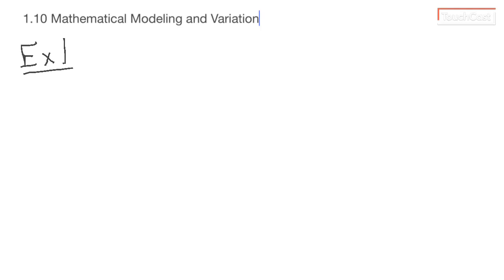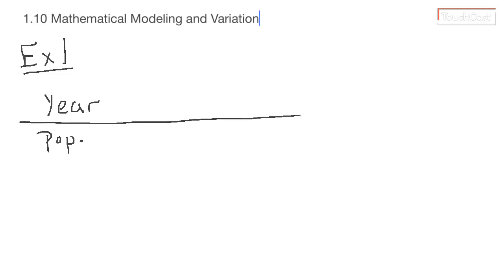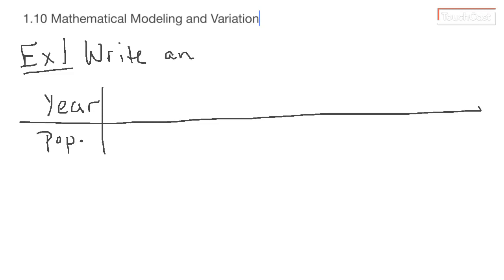So one of our variables we're looking at is year, and the other one is population. What we're really going to do from this is write an equation to model the table.